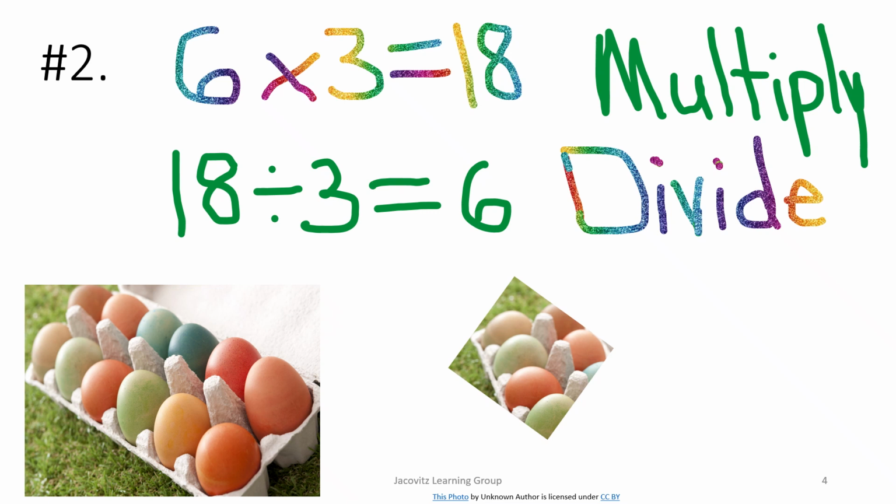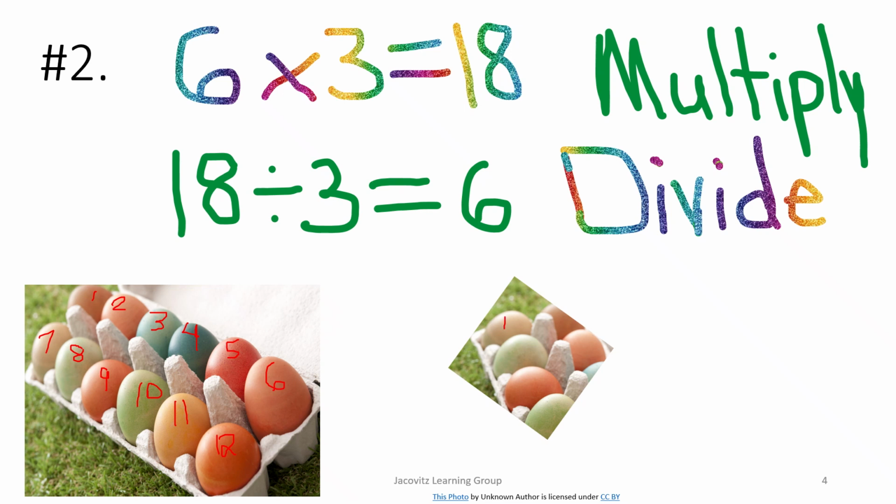So look, let's count here, see how many eggs we have. So we have 1 here, 2 here, 3 here, 4 here, 5 here, 6 here, 7, 8, 9, 10, 11, and 12. Okay, so now let's say we wanted to get 18.